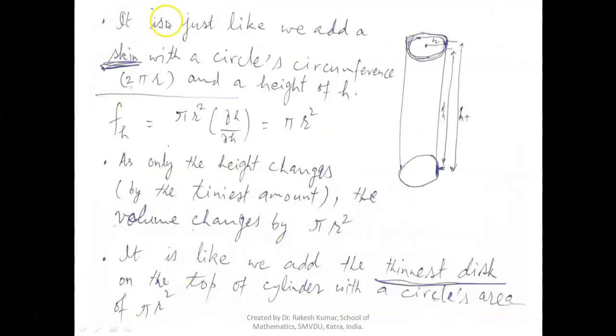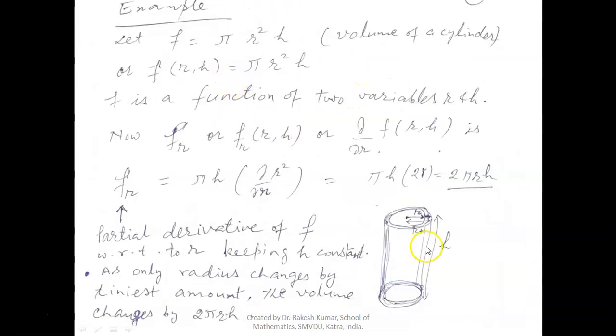It is just like we add a skin with a circle circumference 2 pi r and a height of h. So if r was earlier this and it is increased by some extent, this is just like a skin added to the cylinder.